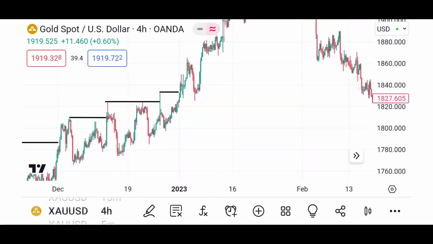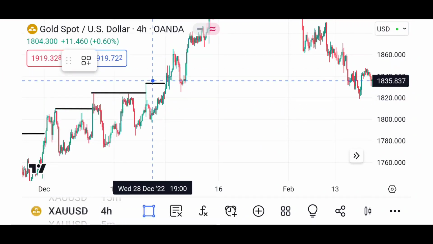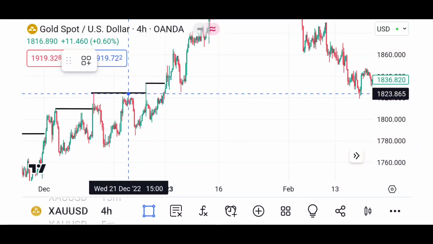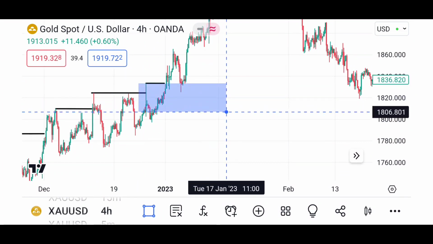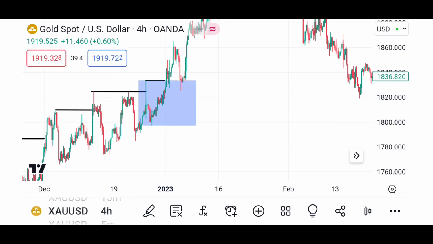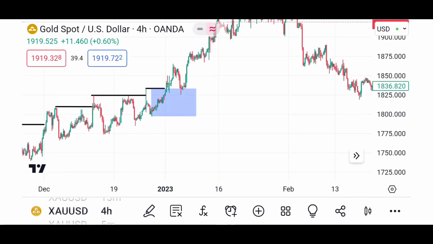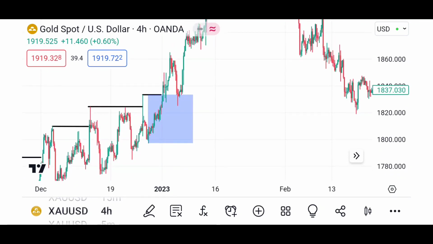Then the next trading range is from our break of structure here to our higher low. As you can see, the market still made a pullback into our trading range.